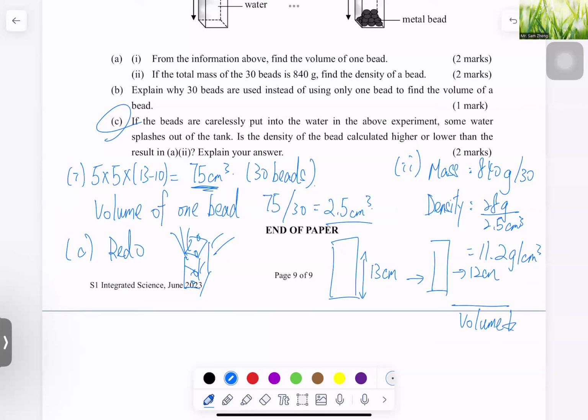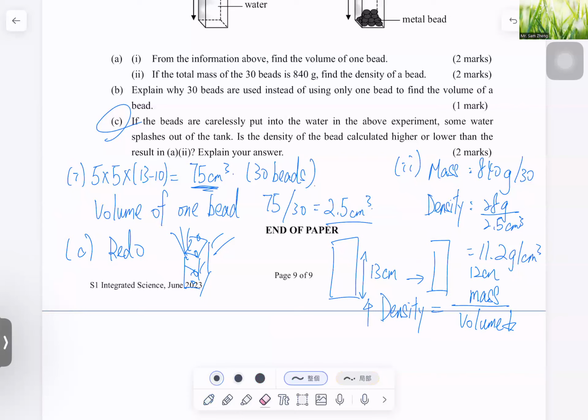As the total volume would be smaller but the mass unchanged, this means that the density that we calculate would be higher. In fact, the decrease in volume will give rise to a higher density.